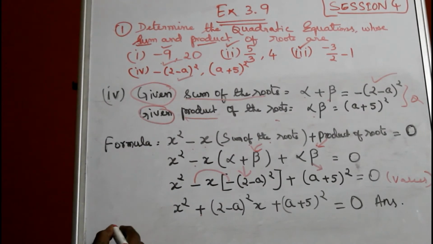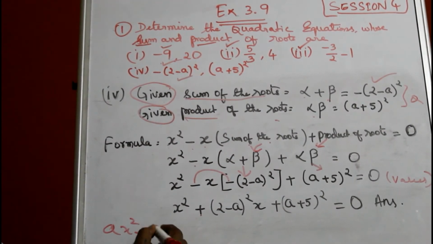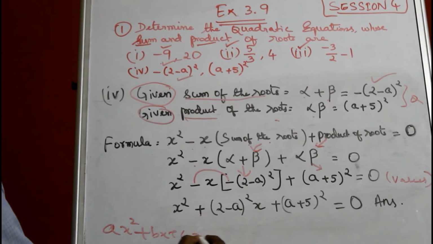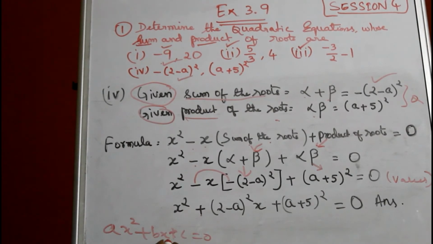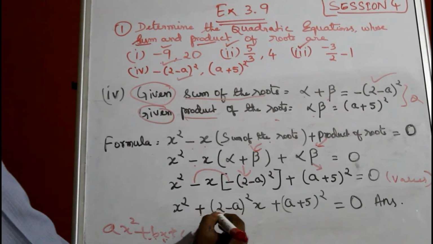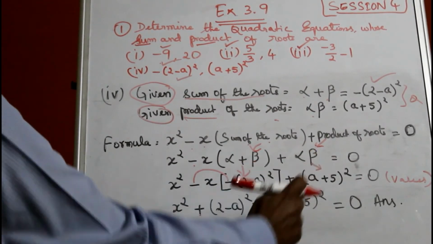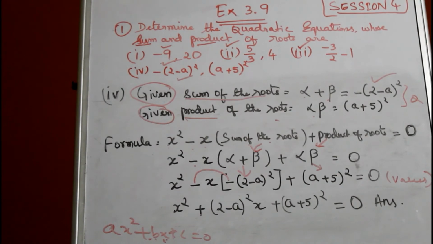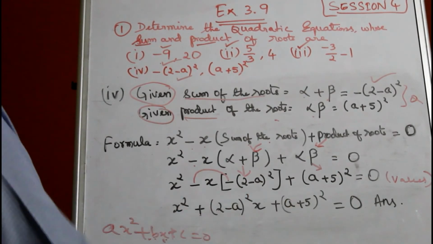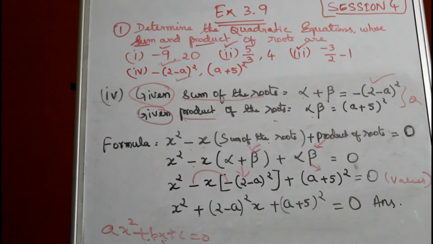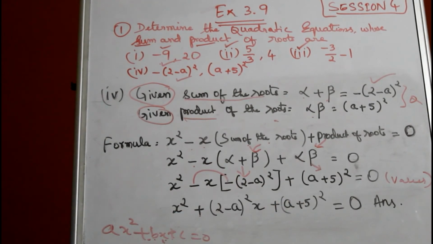Because the quadratic equation format I said is ax square plus bx plus c equal to 0. So x should come after a constant. So this is the constant. So x square plus 2 minus a the whole square x plus this, as it is, equal to 0 is the answer. Actually, if you expand this and simplify, you get a very big answer. So you can stop the answer with this as it is given.